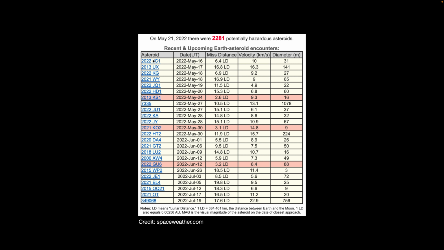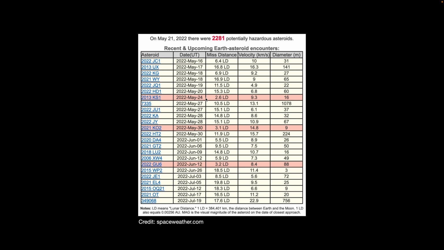And here you see some asteroids with a miss distance in this month, and also June to July, known objects. Here's the designation, and you see the date of the closest approach and the miss distance. 1 LD is the lunar distance, so the average distance between Earth and the moon. And you see here, for example, I don't know, what's today's date? 22nd of May.